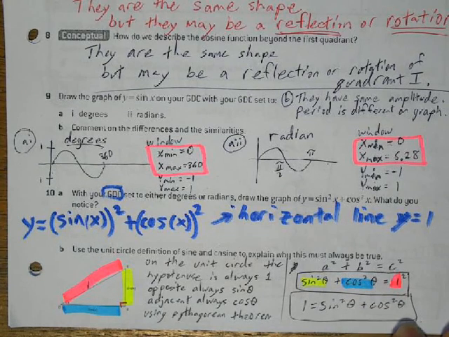So I could say sine squared theta plus cosine squared theta is going to be equal to 1. And that's where that formula comes from.